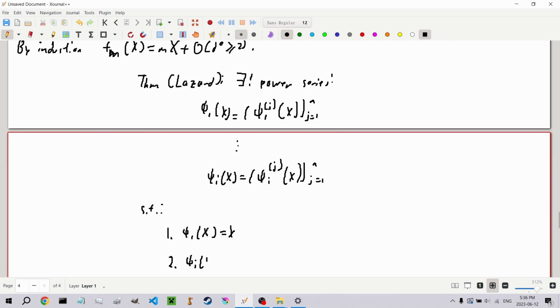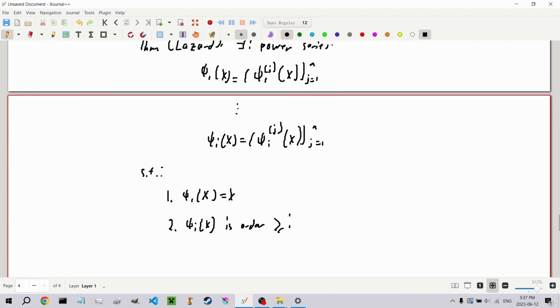Secondly, Ci of x has order at least i. Thirdly, Fm of x is the sum, from i from 1 to infinity, of m choose i times Ci of x, for all m in Z.